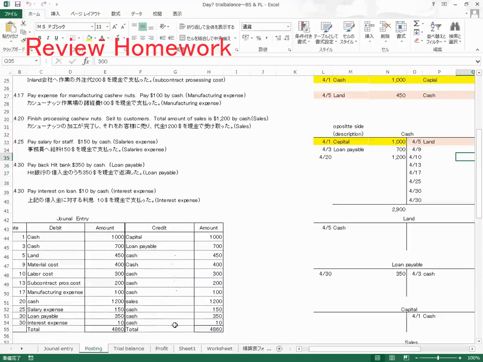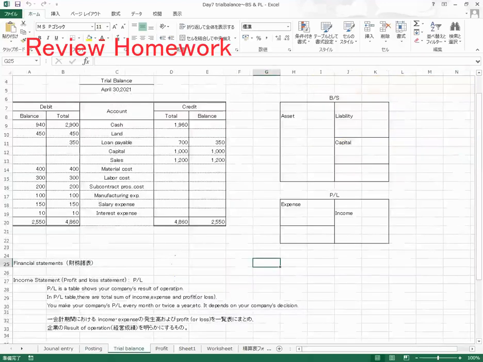So this is the posting. The order of doing it is very important, so I explained it a little. So it is very important to post a pair day by day. It is the very important rule of bookkeeping.